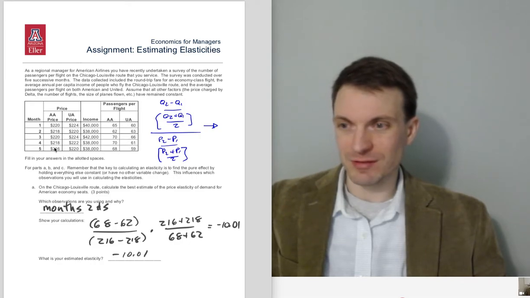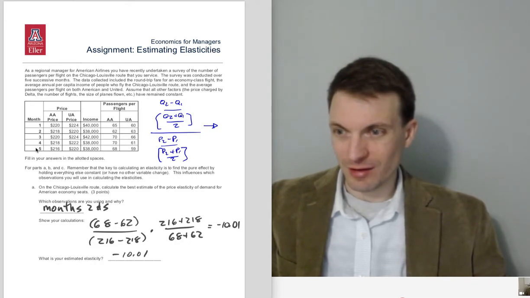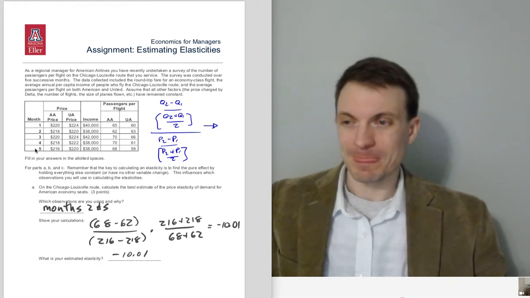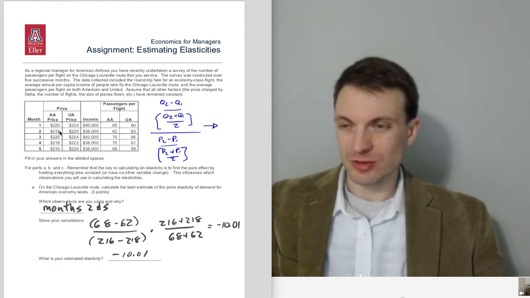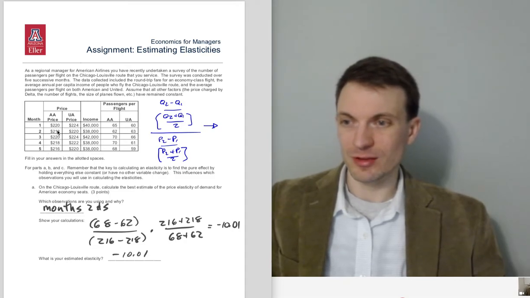Then we'll look at month 5. Here we have the change in price. We want to find the change in price from American. So the price changes from 218 to 216, right? So price has changed. Good. The other firm's price stayed constant. Income stayed constant.